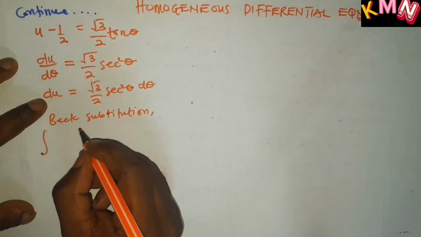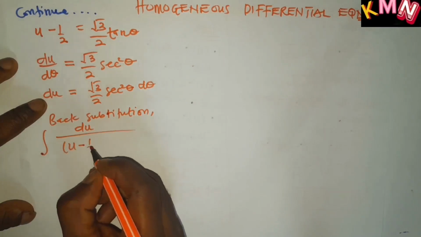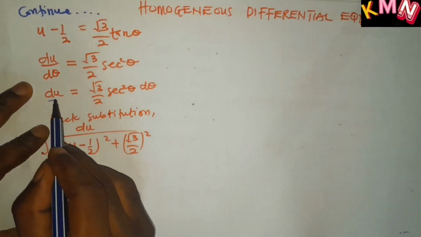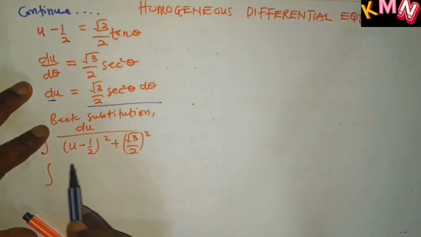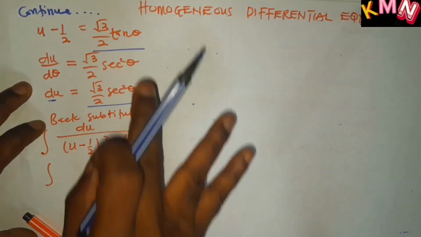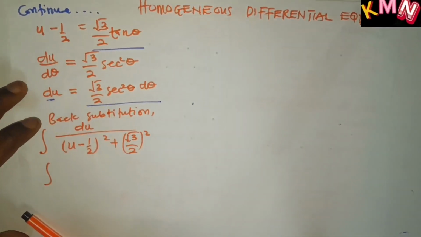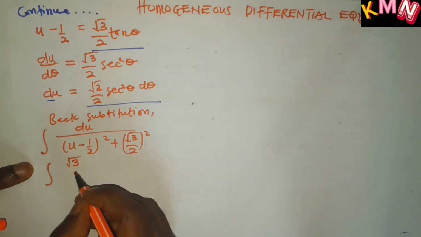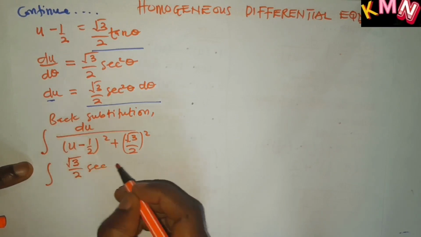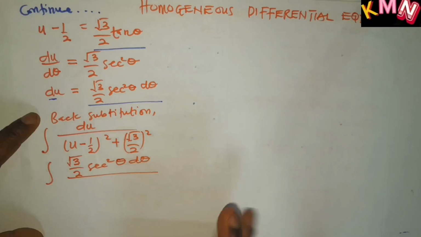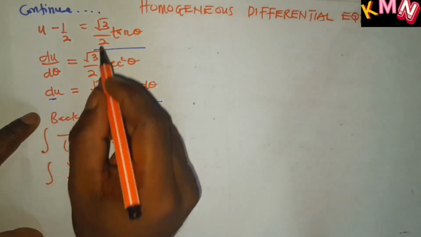In the integral, we had here our du is now this, and then our u minus 1 on 2 is also this. Bringing this into the expression, we are getting, now this is that, as I said.